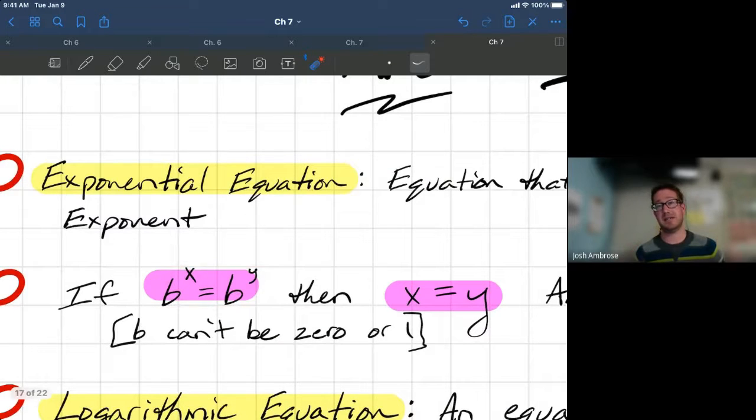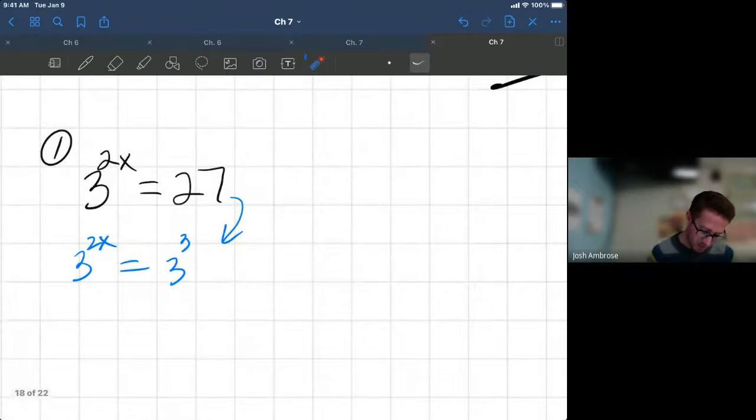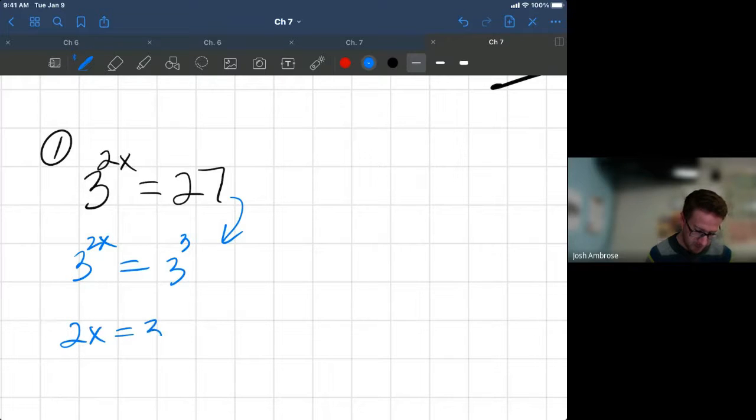That's why you have to take the time to write the notes, then you can follow the example problems a little bit better. So let's scroll back down. Now we're actually just saying 2x equals 3. Therefore, x equals 3 over 2.